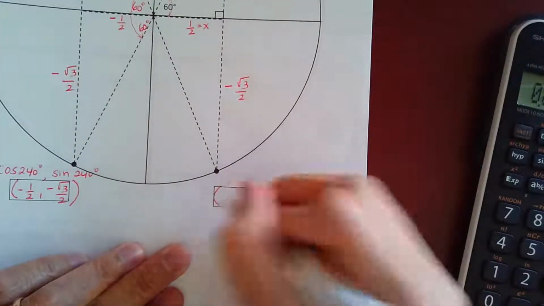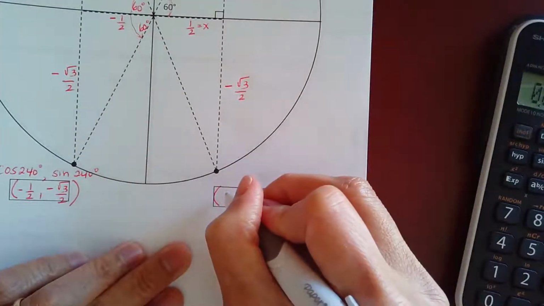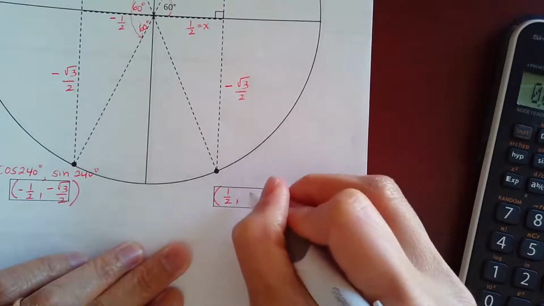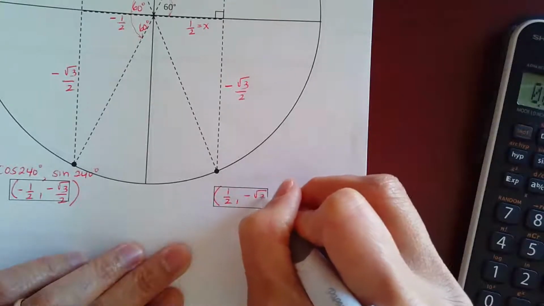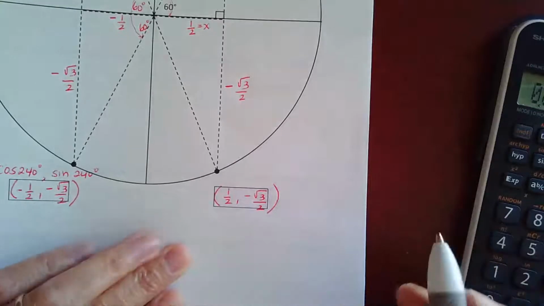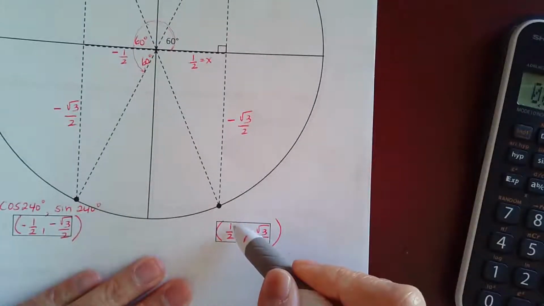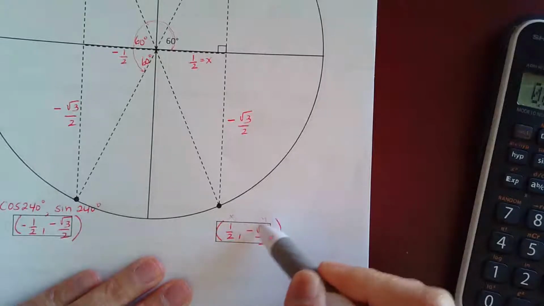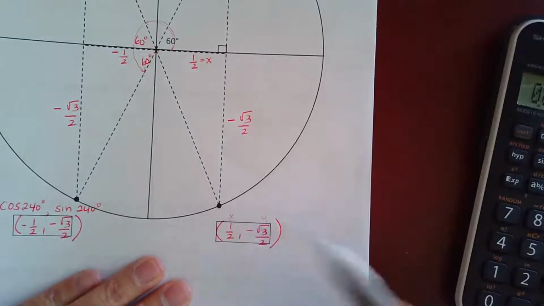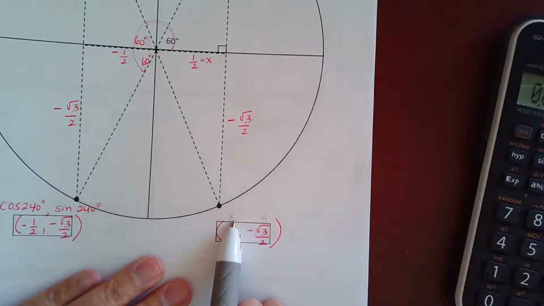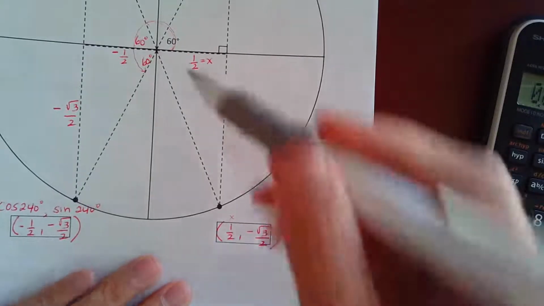And that's going to be 1/2, comma, negative root 3 over 2. So this one here is our x, and then this is our y. And x and y, what does the x represent? That's the cos of the angle. Well, what's the angle?